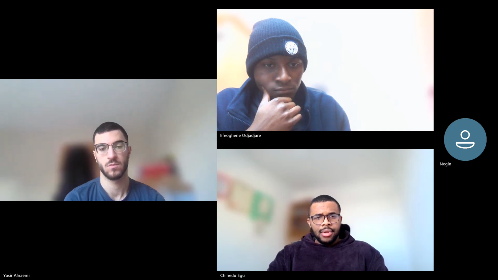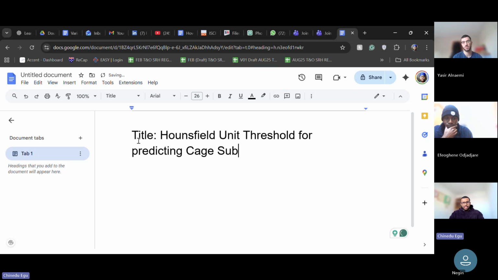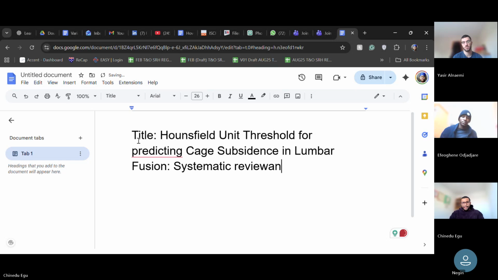Title: Hounsfield units threshold for predicting cage subsidence in lumbar fusion, systematic review, and meta-analysis. Good. So that's the title, right?